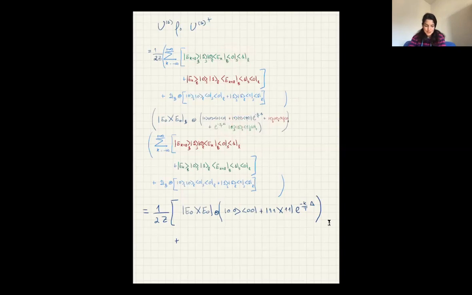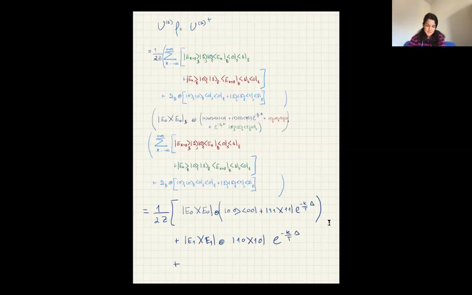But of course, then they will change now to 1, 0. So let me write it here. So it is going to be E1, E1, tensor, now 1, 0, 1, 0. And what was the factor behind the green thing was e to the minus k over T delta.